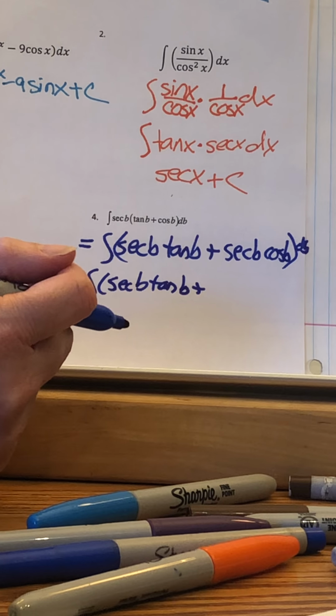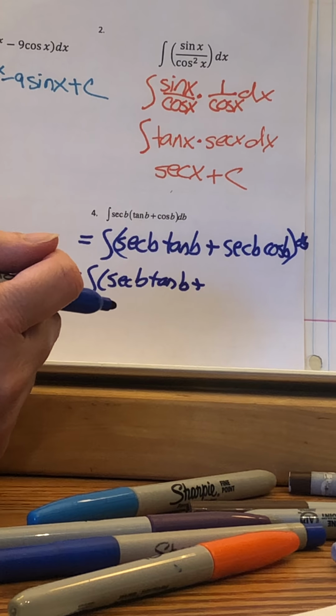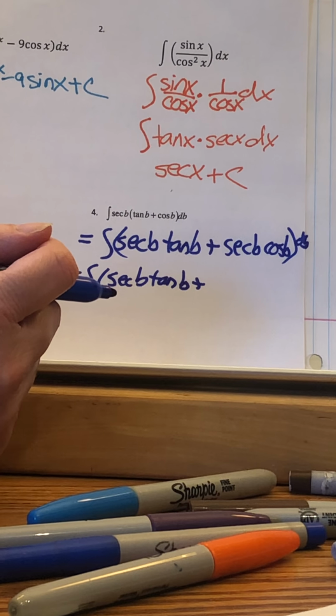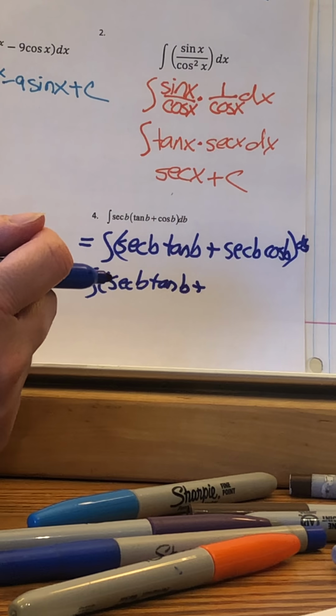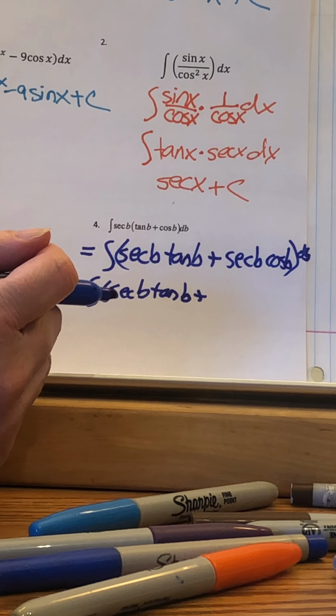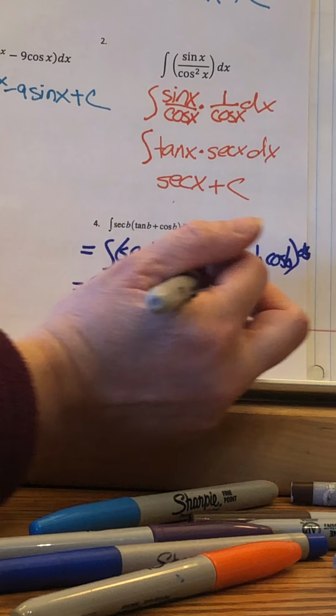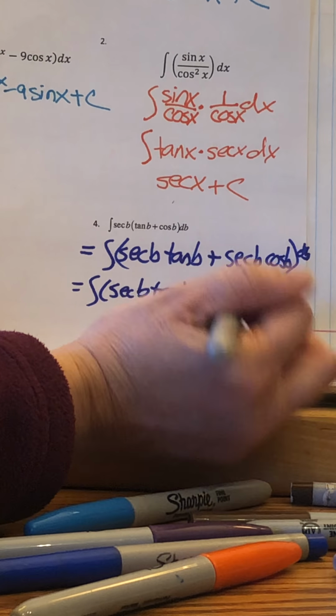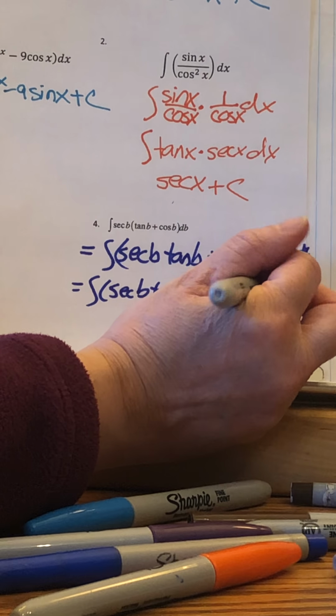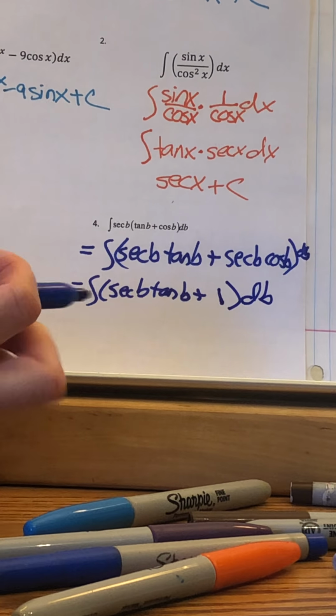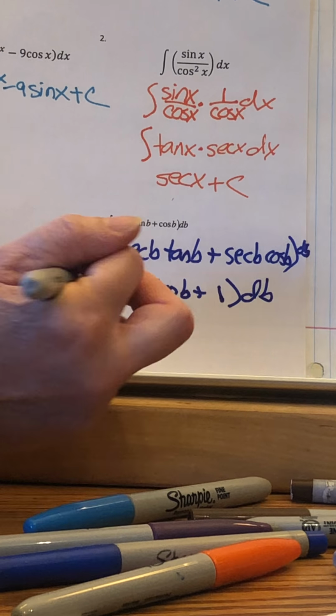Then I have to think about the secant being multiplied by the cosine. Well, what is secant? Secant is 1 over cosine. 1 over cosine times cosine. Aha! That gets me a 1. So that one just simplified to a 1. Now I'm good to go to anti-differentiate.